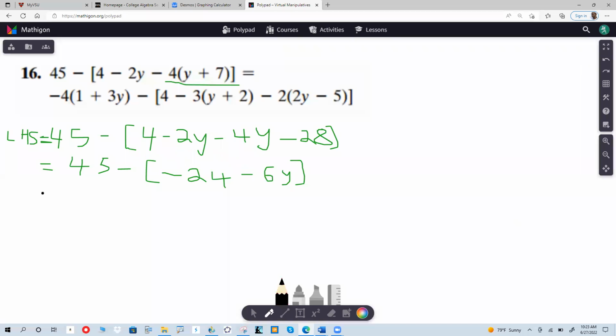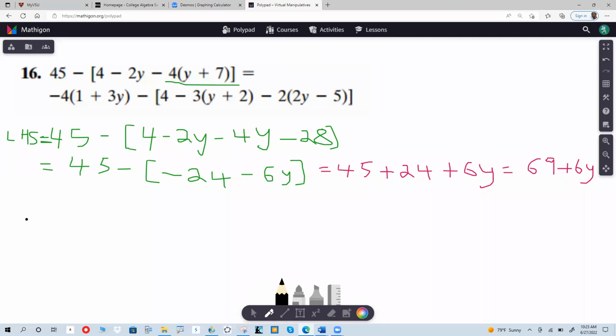So I'm going to write here 45 plus 24 plus 6y. And I'm almost done with this side. 45 plus 24 is 69 plus 6y. And I'm done with that side. There's not much more I can do.